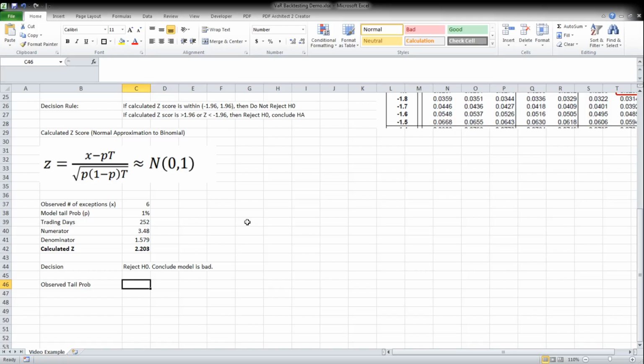So let me use Excel first, and then I will show you how to use the table again. 2.2 is the z-score. What is the probability associated with that z-score? It's NORM.S.DIST, the standard normal distribution of the z-score, cumulative.